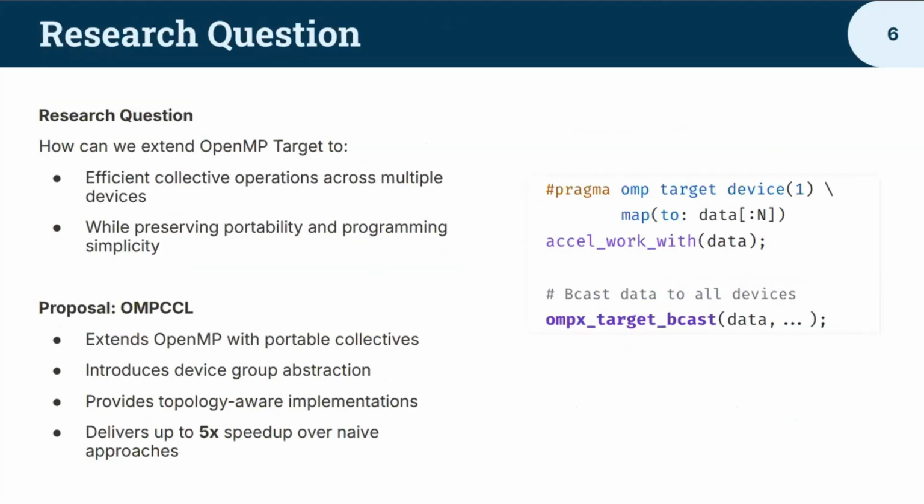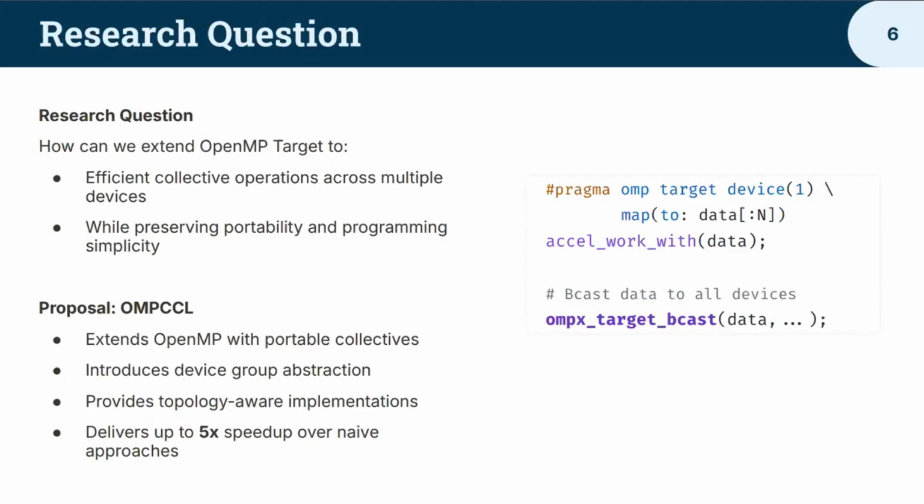So what we want to see, if it's possible, if it's feasible, is to have this kind of interface, OMP target bcast, that would perform a broadcast on a set of devices. And can we extend the OpenMP target model to cover those collective operations and preserve the programming model and the portability?